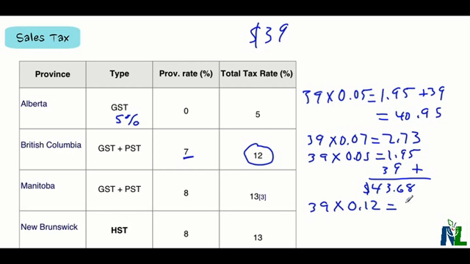But here I'll get the amount of tax, because it's interesting to see the amount of tax you pay. So $4.68, that's what we'd get if we added those two together. Because if I add on the 39, here you'll see that I get, again, $43.68.